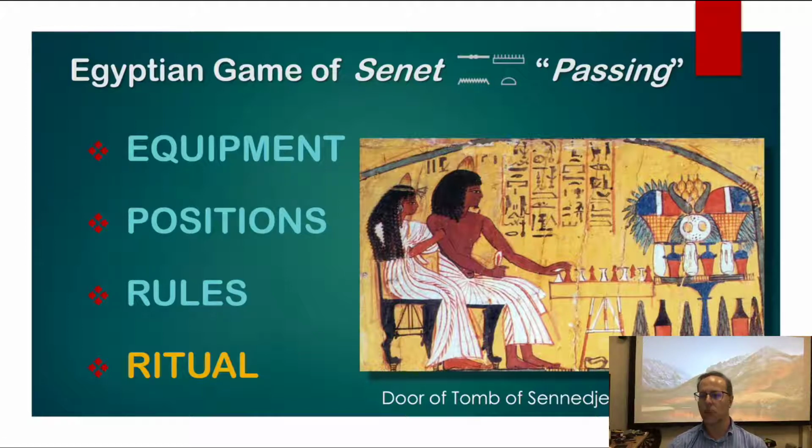On the opposite wall, there is the image of Osiris, and Osiris is presiding over the final judgment of Senejem as well. And so I would argue that Osiris is the unseen opponent, and this game is another judgment of the soul of the deceased. And if you win the game, just like if you win the measuring of your heart, then you are allowed into paradise.